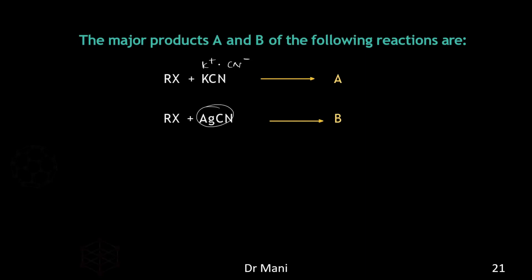So I broke the bond into K plus CN minus. So now what happens? What does nucleophilic substitution mean? So will CN go and attach to R, or will K attach to R? So K will go and attach to R. So what is this reaction called?